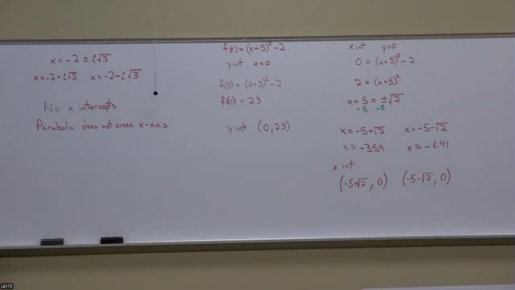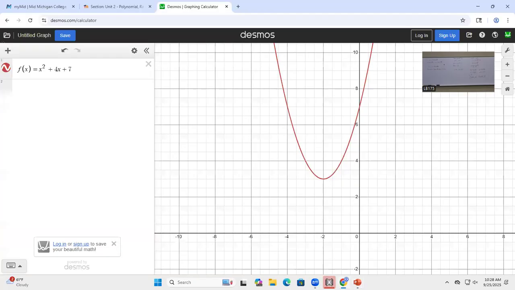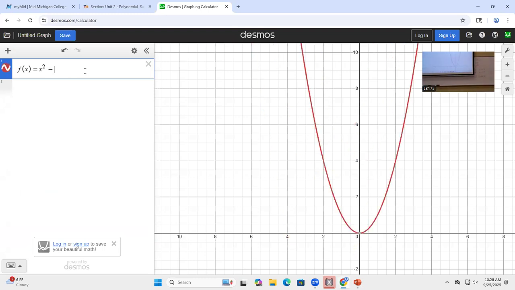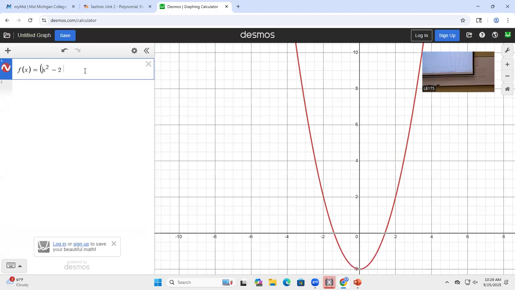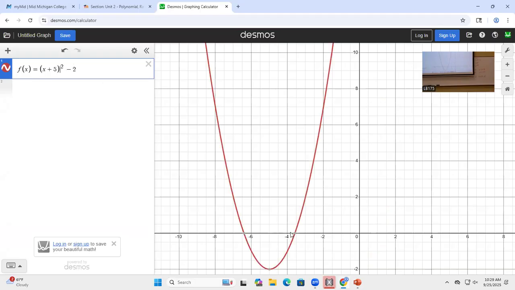And you could have seen this on the graph too, if you would have graphed (x plus 5) squared minus 2. Let's go ahead and do that. You would see that where these 2 points cross the x-axis, they're not at nice integer values.